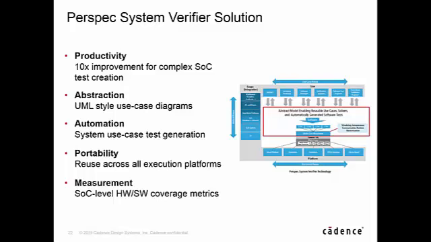The abstraction gives you an ability to really understand the tests, debug them, and get to root cause of issues much faster. Automation obviously gives you more productivity. And then there is the portability across platforms and the ability to measure the SOC level coverage metrics for those tests.